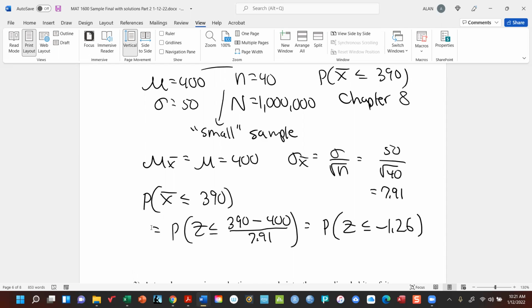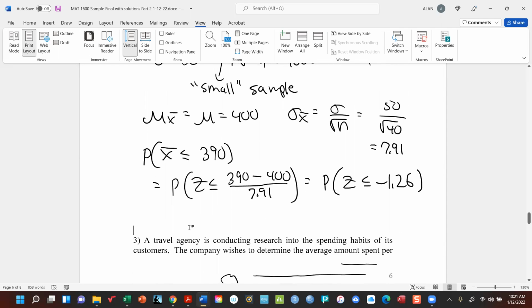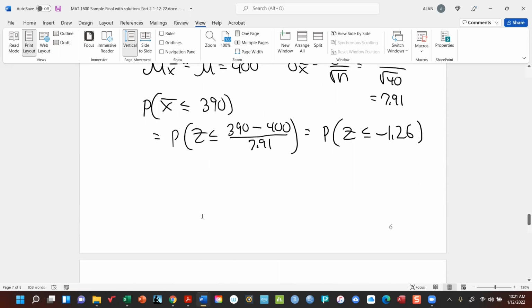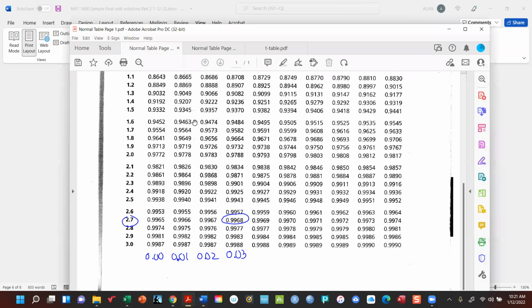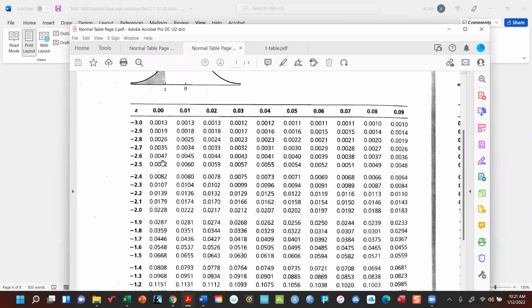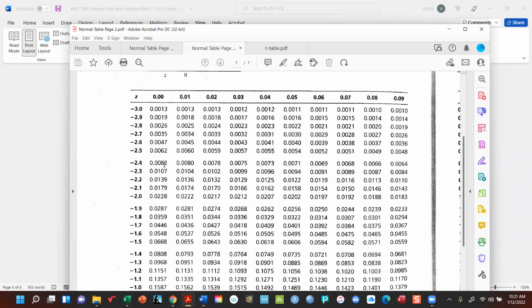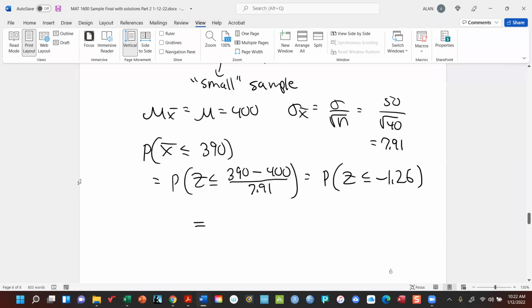Now we can just go to the table, the negative table that is, and look this up directly. Let's go get the negative table, 1.26. There we go. And that gives us an answer of 0.1038.